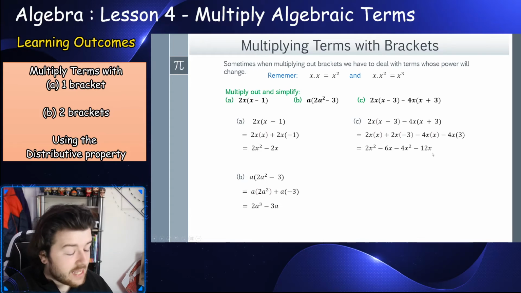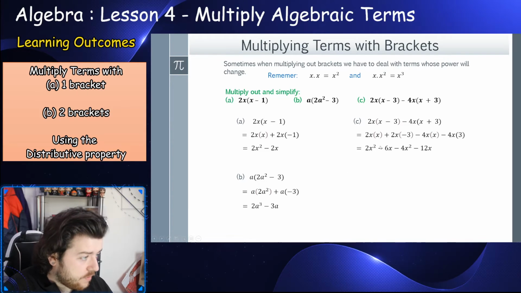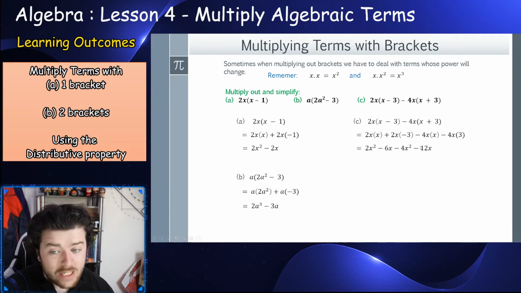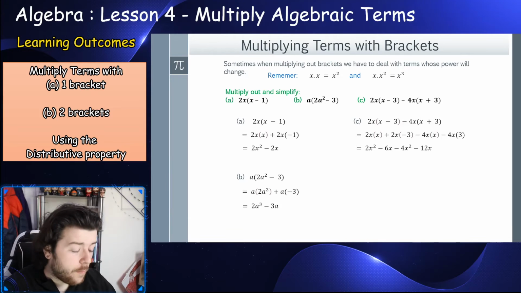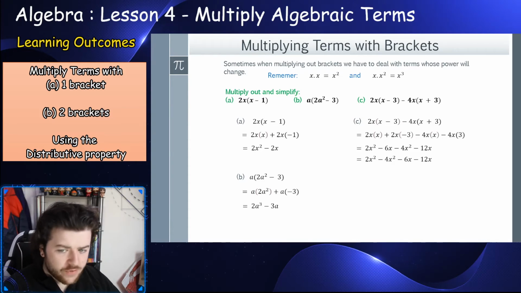Now I need to add and subtract some like terms here. So I need to gather up my x squareds, and then I need to gather up my x's. Because remember, x squareds and x's are not like terms. They have different indices or powers. So let me just rearrange that so they're all closer together. So 2x squared minus 4x squared. Remember, like terms, I'm just adding or subtracting the coefficients.